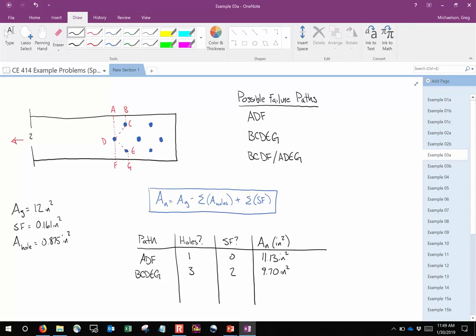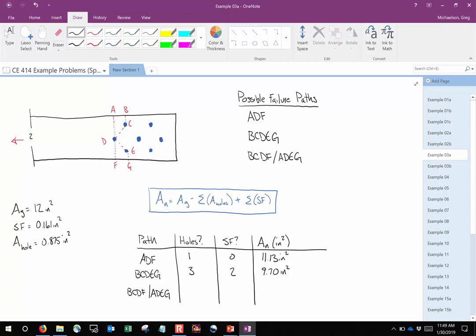All right, and then the last one. Now, this is why I grouped these two together. So we have B, C, D, F, and A, D, E, G. Let's just take B, C, D, F. How many bolt holes? How many stagger factors?